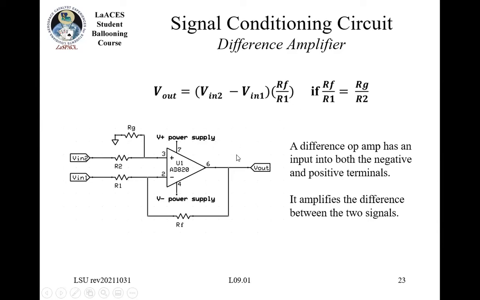This gets a little bit more complicated, but if I select that my feedback resistor and R1 have the same ratio as my grounding resistor and R2 here, you get a nice, simpler equation. In the end of semester project, we'll show you what the full equation is for this. But in this case, you can see that basically I'm amplifying the difference between V1 and V2 here.